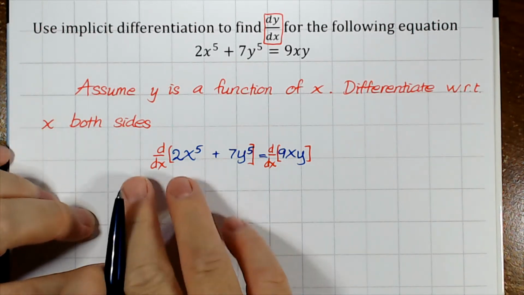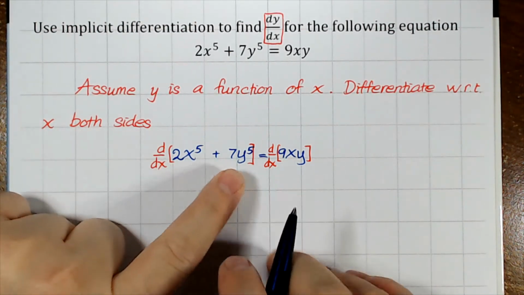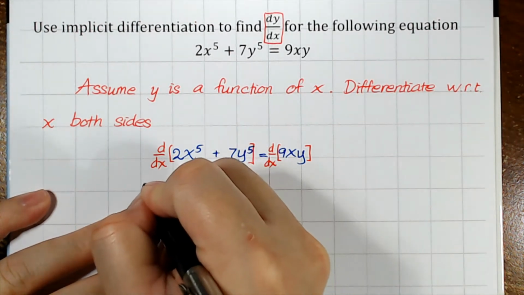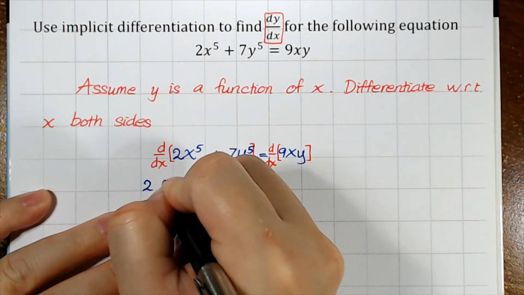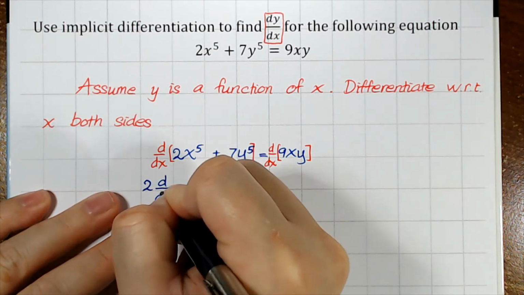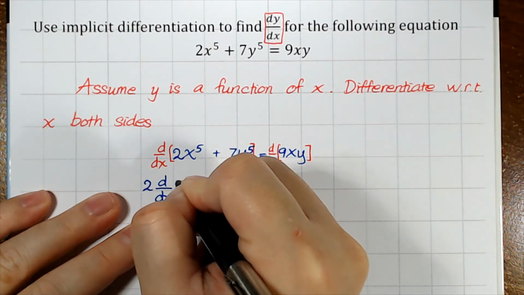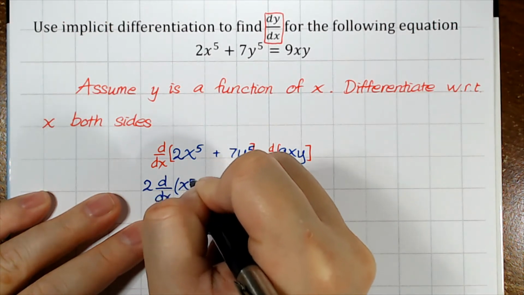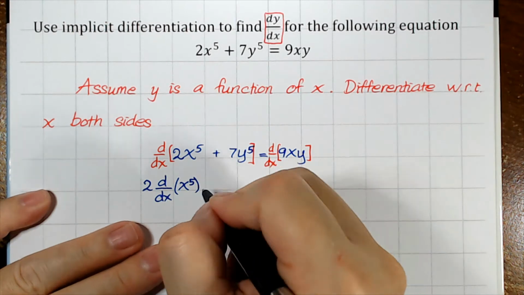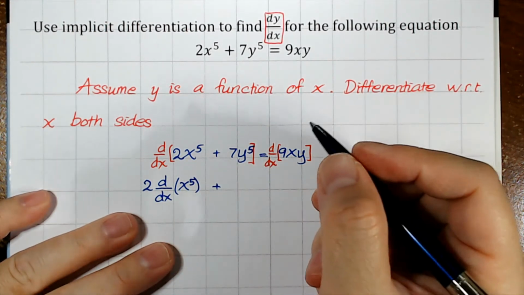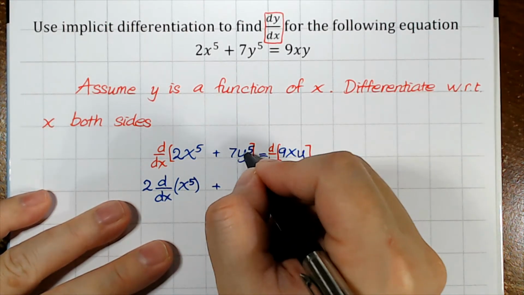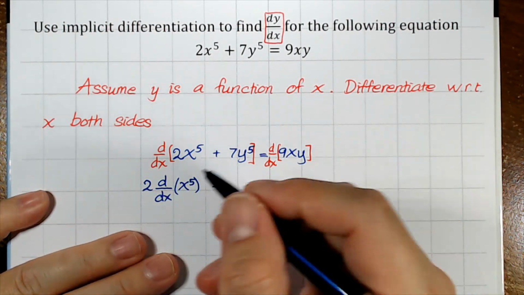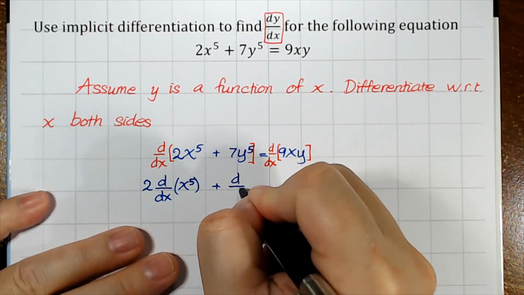And of course the derivative of a sum is the sum of the derivatives. We can write 2 and then d over dx of x to the fifth, and then derivative of 7y to the fifth, or 7 times the derivative of y to the fifth. I will just give d over dx.